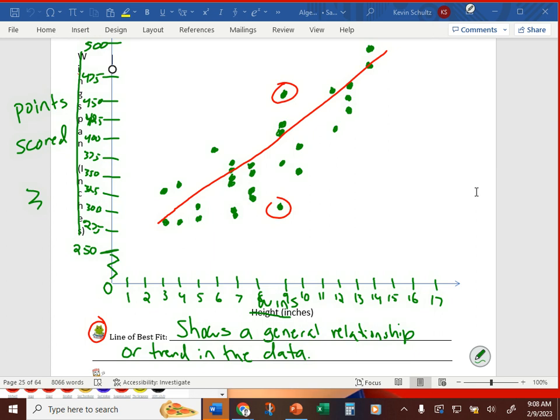Okay? There's a correlation there between wins and points scored. As the number of wins go up, the number of points scored go up. Is it a perfect relationship? No. But that's the general trend that is there. That's the general conclusion that can be made.